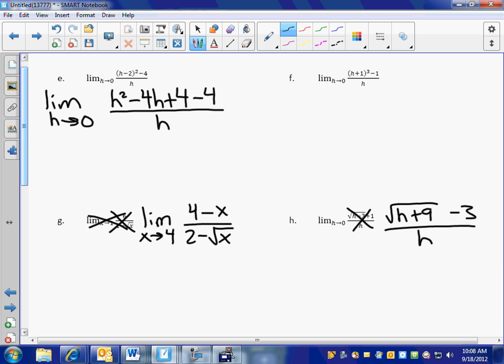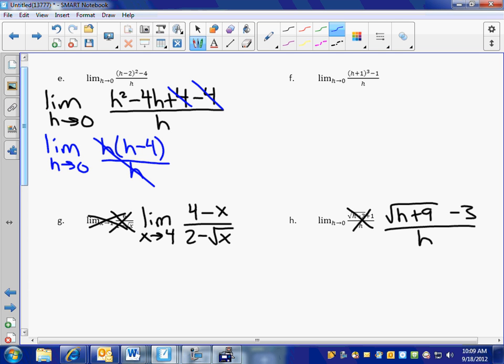Very good. So Kyle sees where this is going. A lot of this is going to be problem recognition. You can tell that as we square it out, I have my 4, my negative 4. Those do cancel. So now we have the limit as h approaches 0 of, Kyle said take out an h, so we'll do h times h minus 4 over h. What happens to the h's?